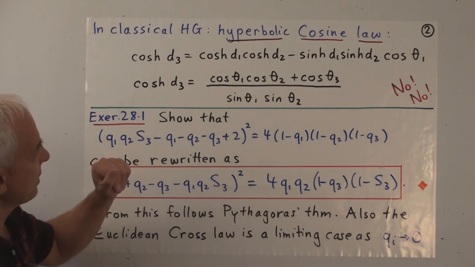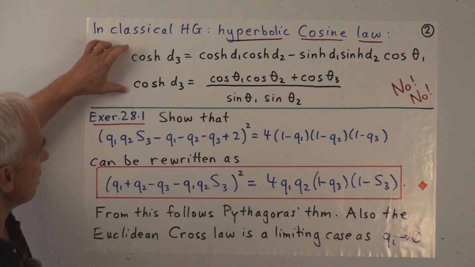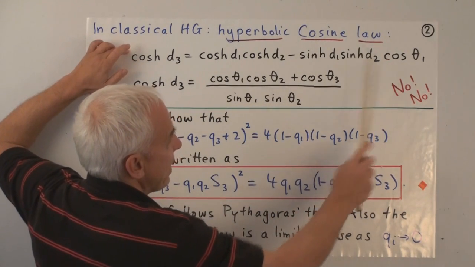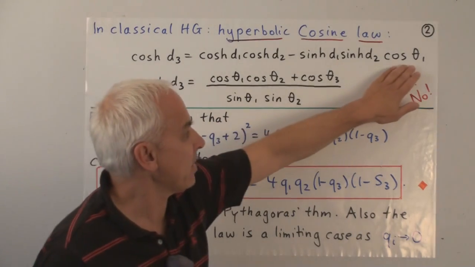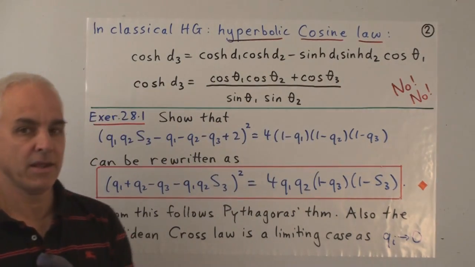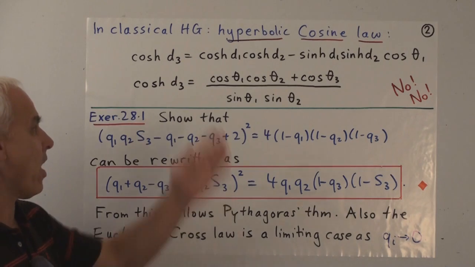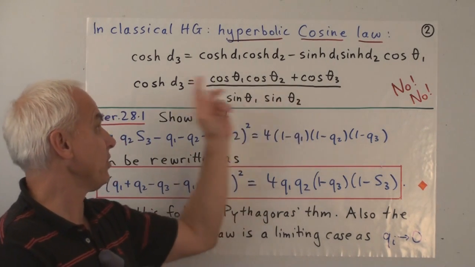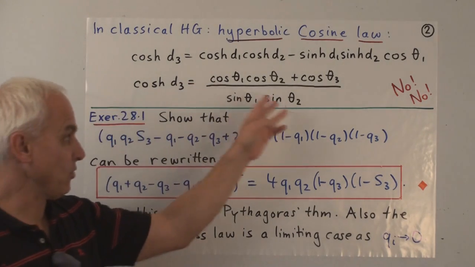And you see that there's a little bit of similarity to what we were talking about. This formula here only has a single angle involved, so in principle you could calculate the angle if you knew the three distances. While this one only has a single distance involved and three angles, so in principle you could calculate a distance if you knew the three angles.